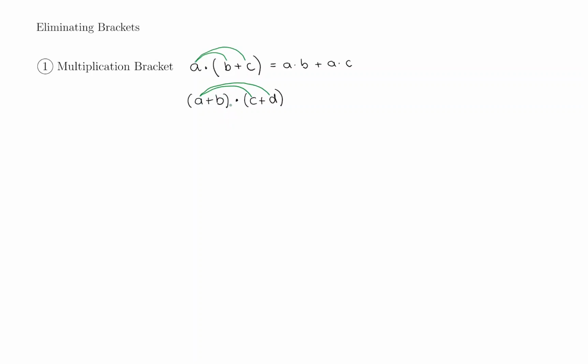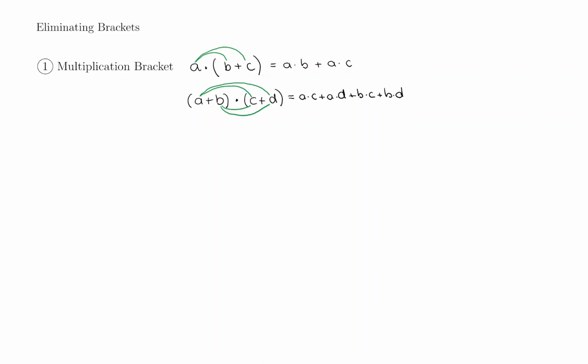We have to multiply B by C and B by D. So like this. So this expression is the same as A times C plus A times D plus B times C plus B times D.